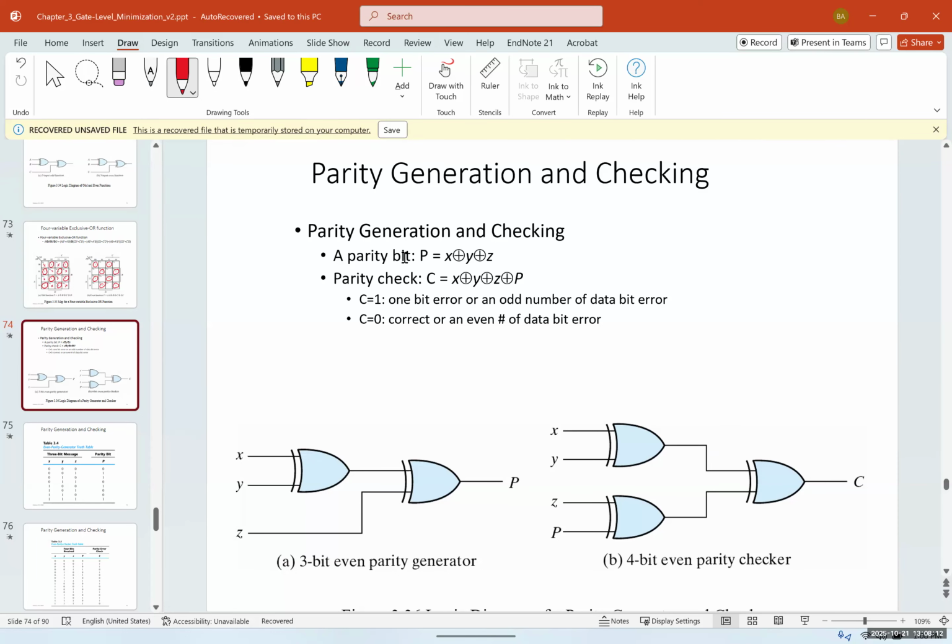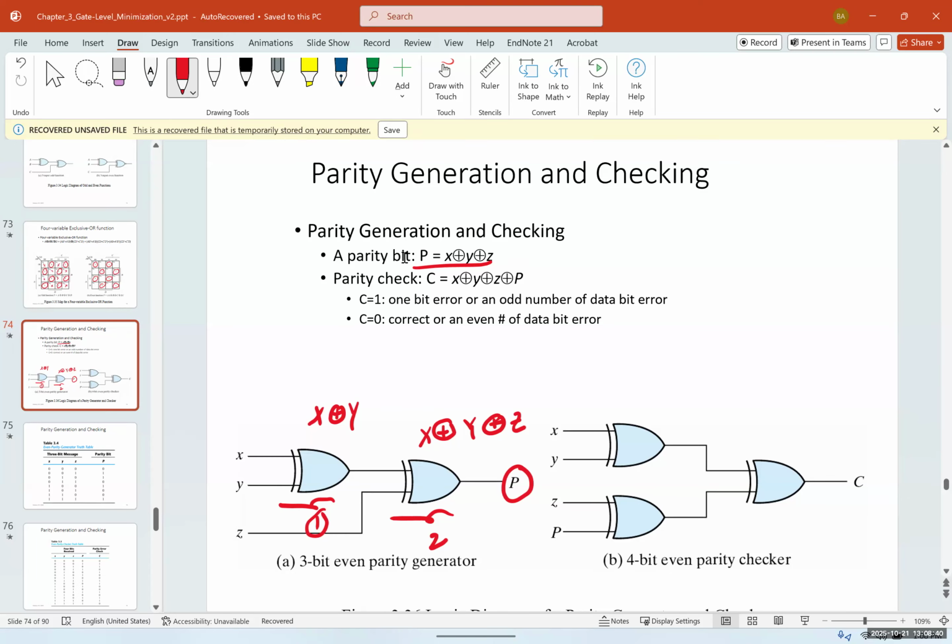Imagine we have 3 inputs, X, Y, and Z. And we have an XOR of X and Y, and a second XOR, number 1 and number 2, and we XOR that again with Z this time. This creates our parity code or parity bit, or P.